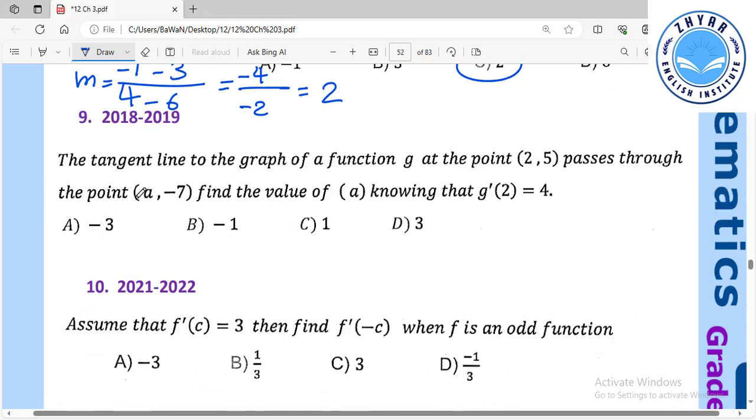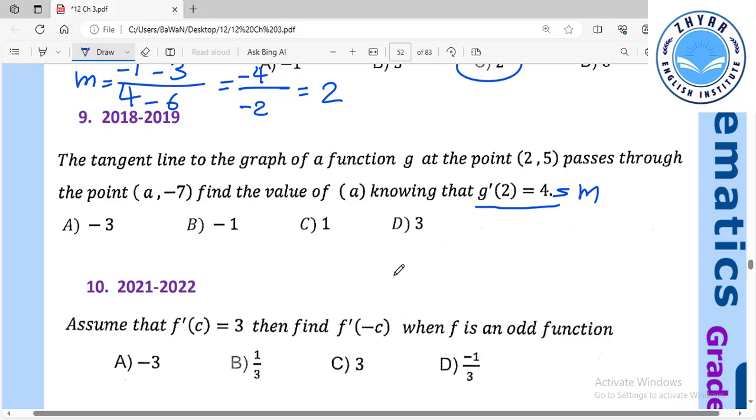Same idea. The tangent line to the graph of a function g at 2 passes through the point (a, negative 7). Find the value of a, knowing that g prime 2 is 4. Okay, no function is given. g prime 2 is the slope. If I find the slope from these 2 points, I can equalize it with the slope that is given.